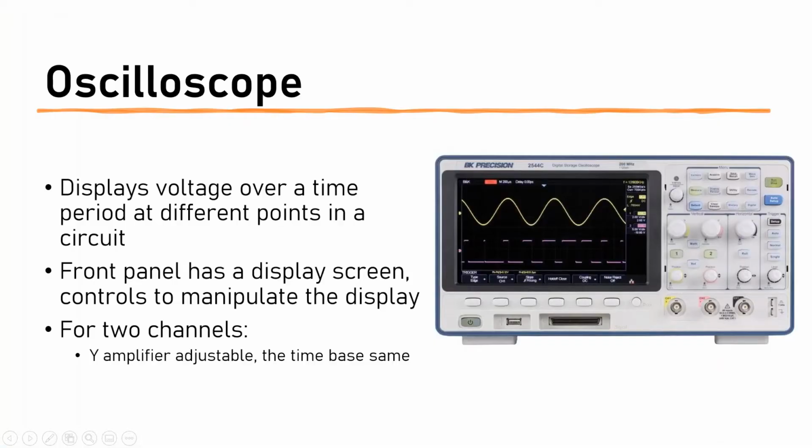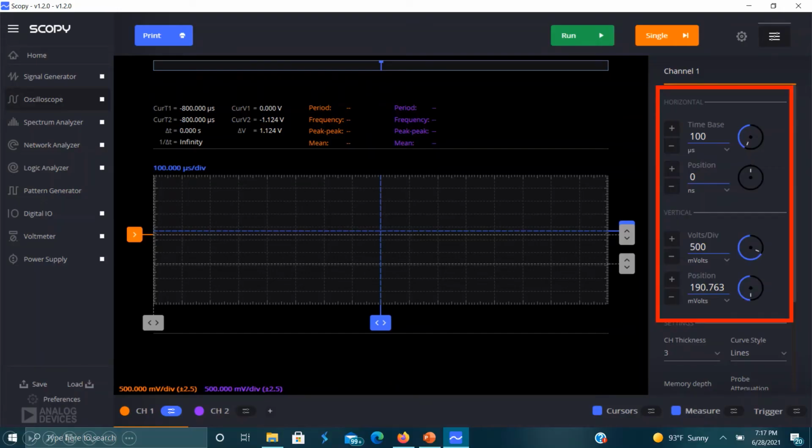The front panel of an actual oscilloscope contains a display screen and controls to manipulate the display in terms of the time base and Y amplifier. On the M2K, these buttons are again replaced by controls on the right-hand side of the screen. Similar to the previous devices, positive and ground leads are used to connect the oscilloscope to a point in the circuit in order to take waveform measurements at that point.